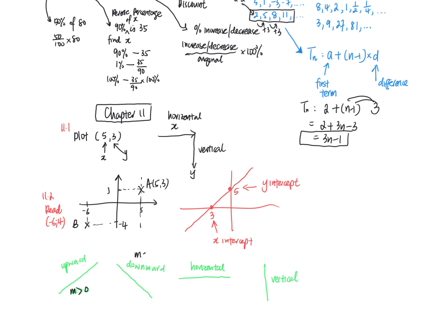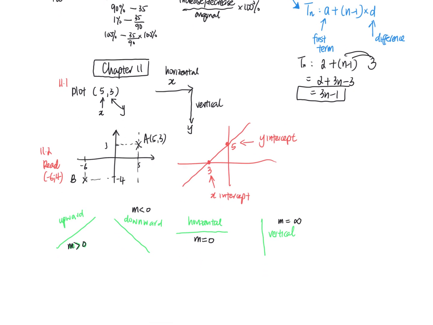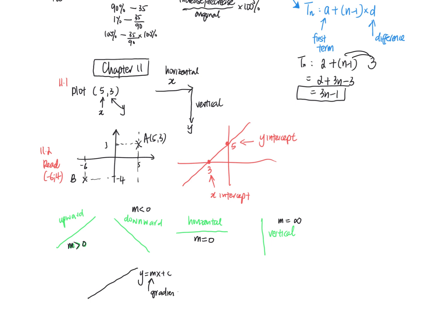In this case, gradient is negative. Gradient is 0. Gradient is undefined. Okay? Then the equation of a straight line is always y equals mx plus c. This is the gradient value, and this is the y-intercept.